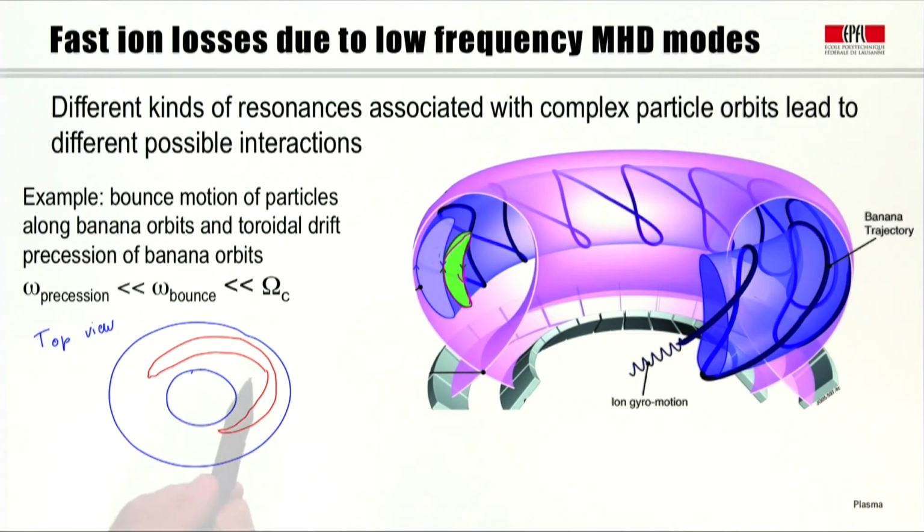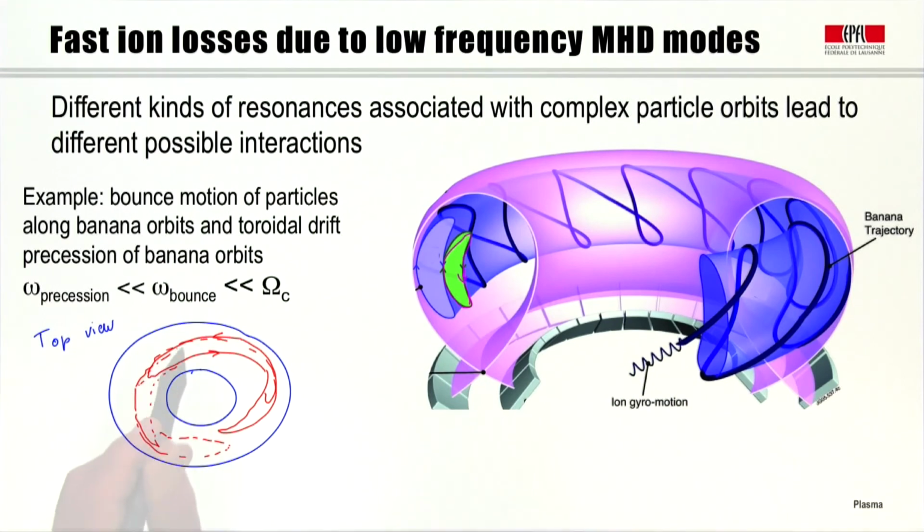But in fact, there is some asymmetry between, if you like, the trajectory forward and the return of the trajectory, so that this orbit will slowly drift in one particular toroidal direction. It is as if the banana orbit would go, in fact, around the torus, seen from the top. And the frequency associated with that is the so-called precession frequency.